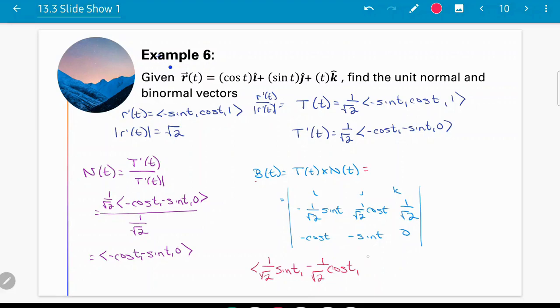And then our k component is going to be 1 over square root of 2 sine squared t plus 1 over square root of 2 cosine squared t. And so we can see that our binormal vector is going to be written as 1 over square root of 2 times sine t, negative cosine t, and 1.